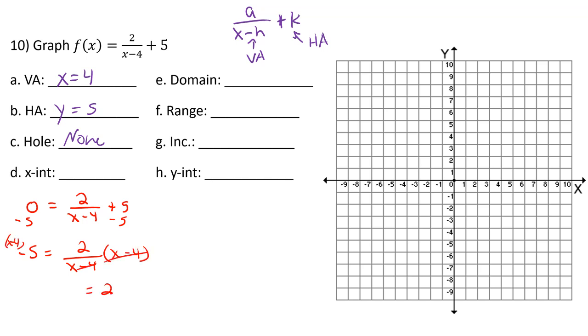So I'd have 2 equals -5 times x minus 4. Distribute the 5, so I've made a -5x plus 20 equals 2, minus the 20 over, that's -18. Divide by -5, x is going to be 3.6.